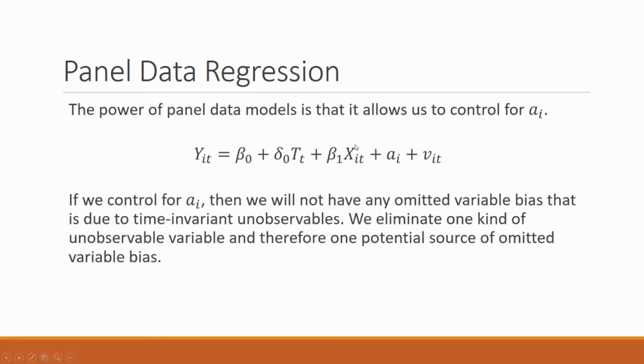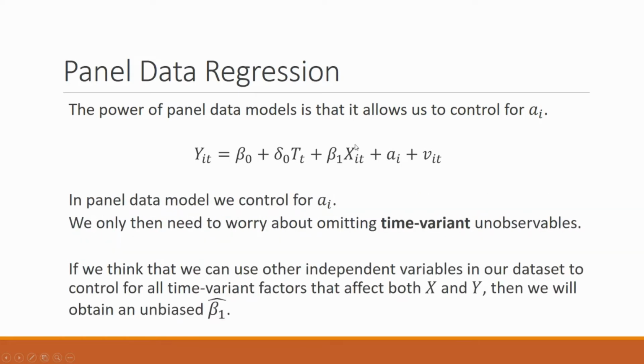So let's try to make this more clear. In panel data models, we can control for a_i. We only then need to worry about omitting time variant unobservables. If we think that we can use other independent variables in our data set to control for all time variant factors that affect both x and y, then we will obtain an unbiased beta 1 hat.